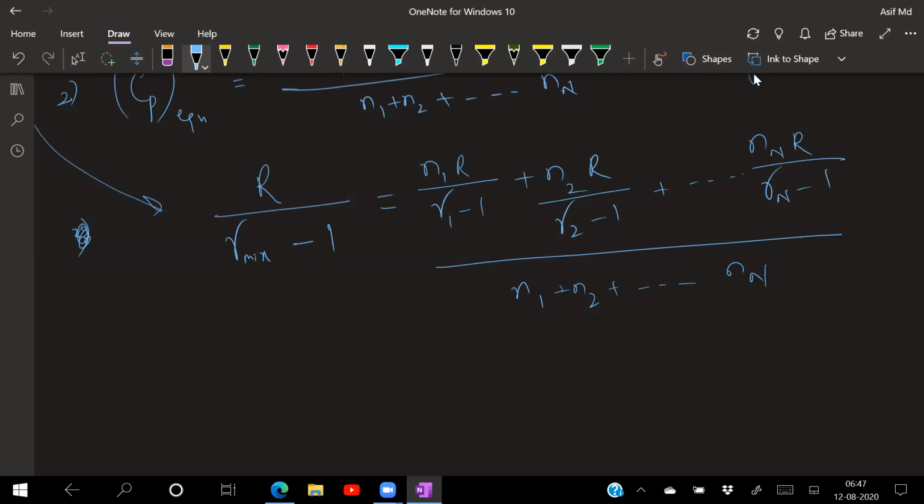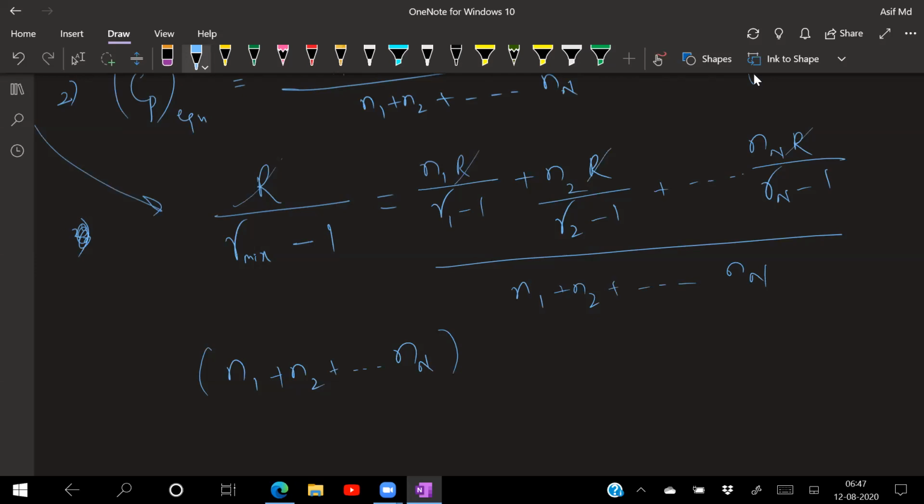So now you take this one on this side. This will become N1 plus N2 plus so on up to N number of moles. Then everything gets cancelled here, this capital R gets cancelled, all capital R will get cancelled.